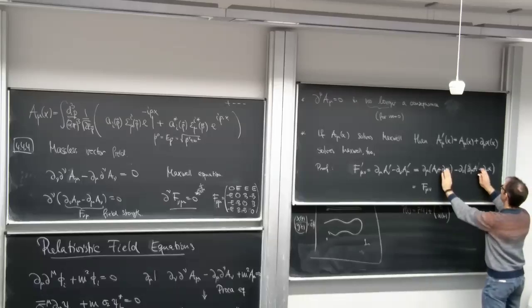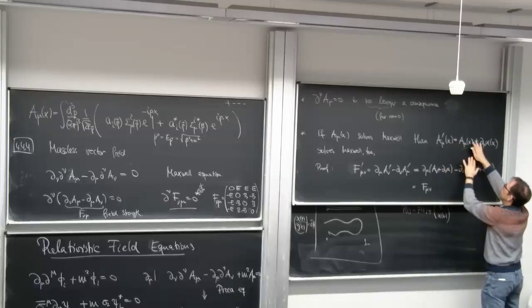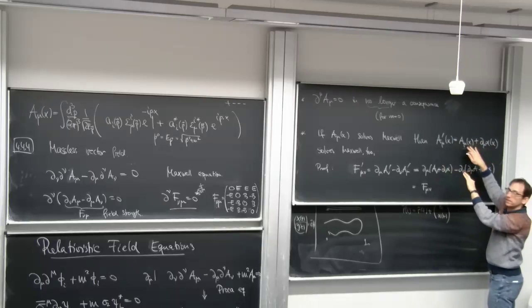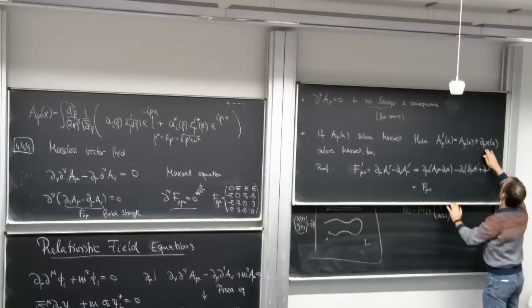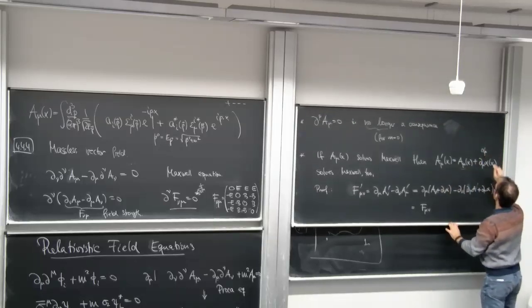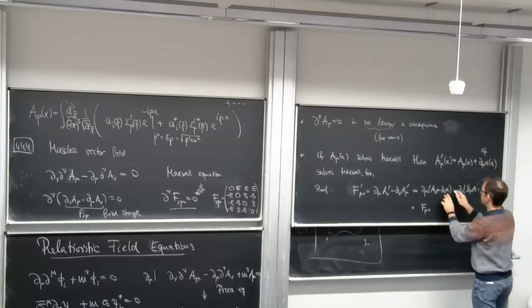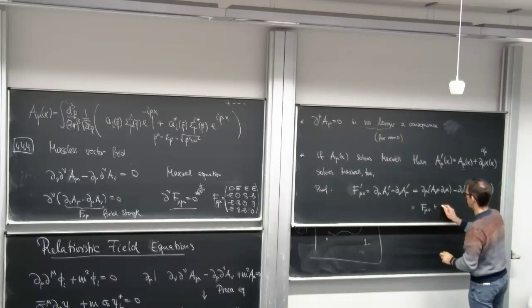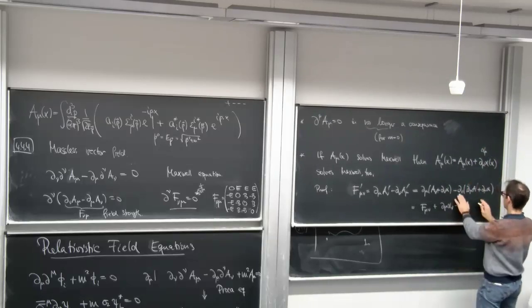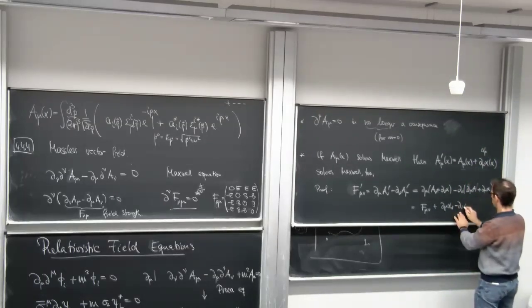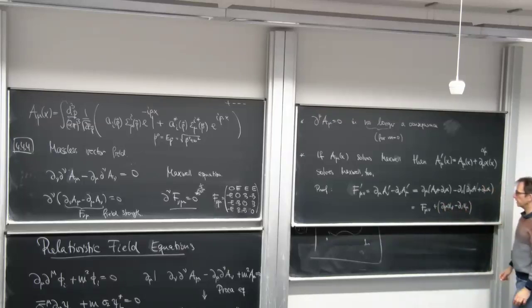If I didn't have just the A, first of all, I wouldn't know how to write something like this. I could do this. I could do alpha. Let's do this alpha mu. Everybody gets their own. Then we would have here plus d mu alpha nu minus d nu alpha mu, right? So that would be the additional thing.